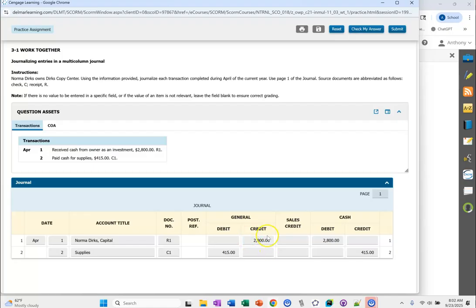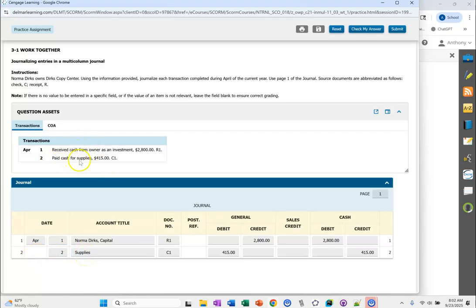So in general, for Norma Dirks Capital, that's a credit because it's going up. For cash, that's a debit because it's going up, right? And then for April 2nd, I typed in the 2. Notice I didn't have to type April again.